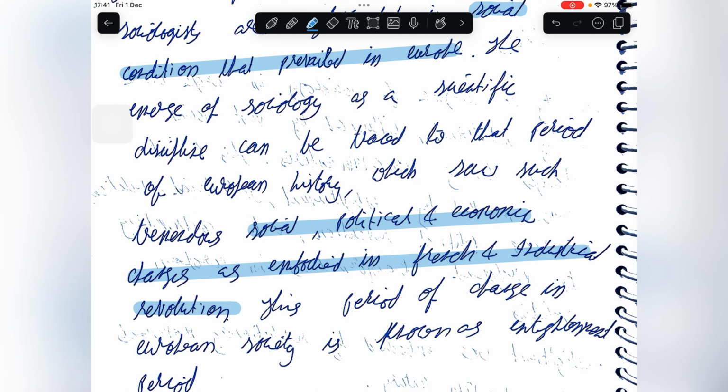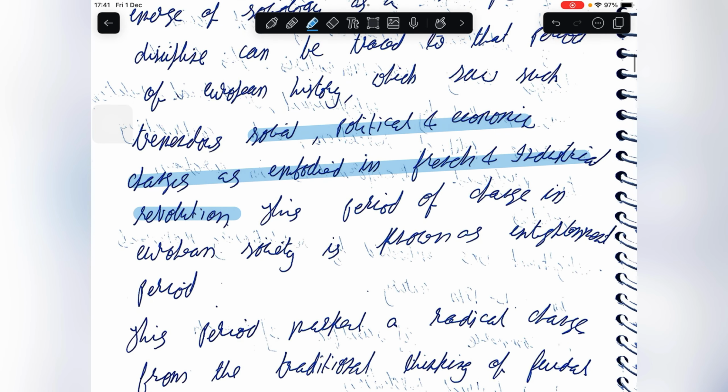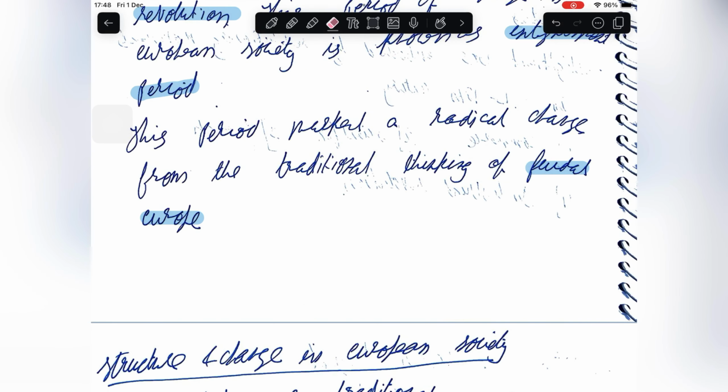This period of change in European society is known as the Enlightenment period. Basically, the changes that these revolutions brought in that period is called the Enlightenment period.